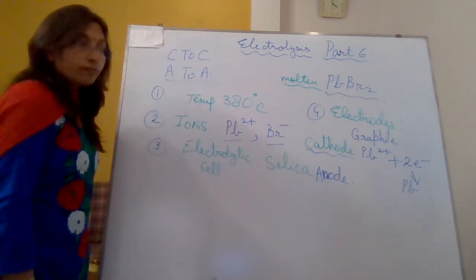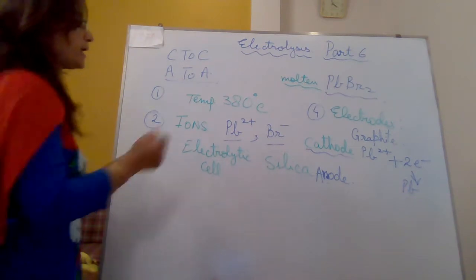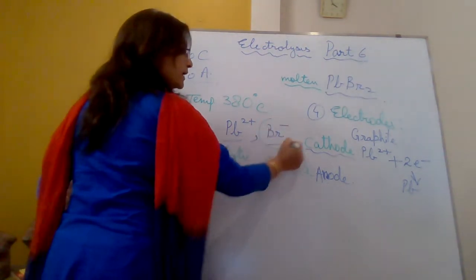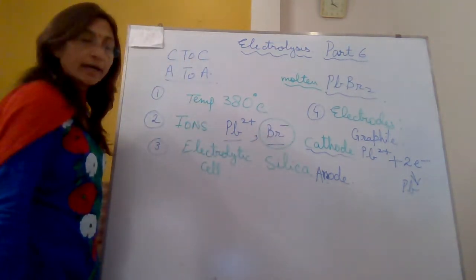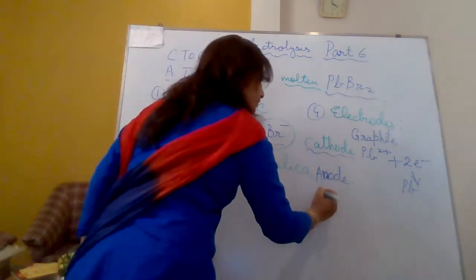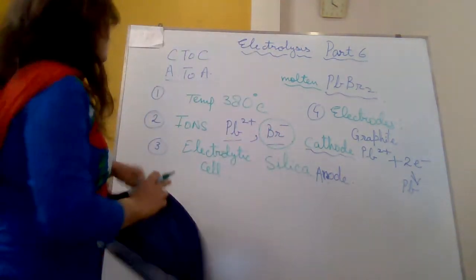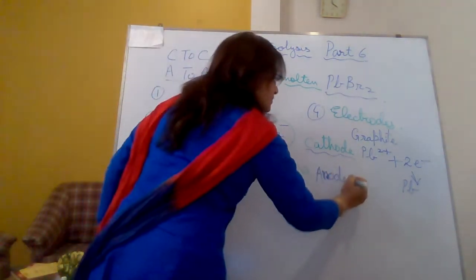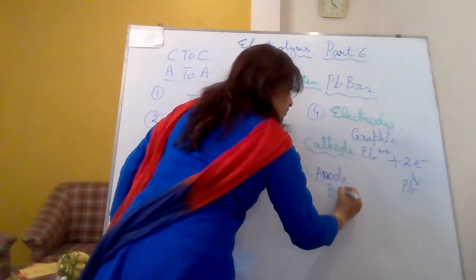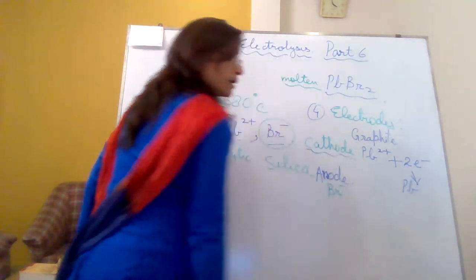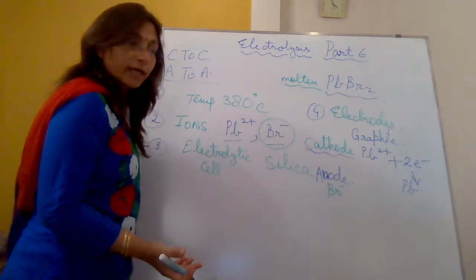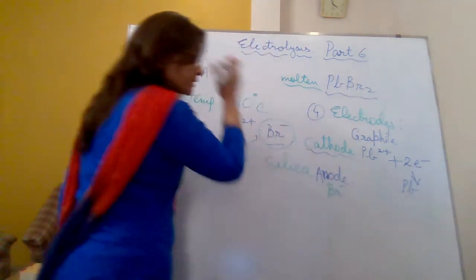Now let us talk of the anode. What will happen at the anode? Since anions move towards the anode, the bromide ions will migrate towards the anode. How will they discharge?